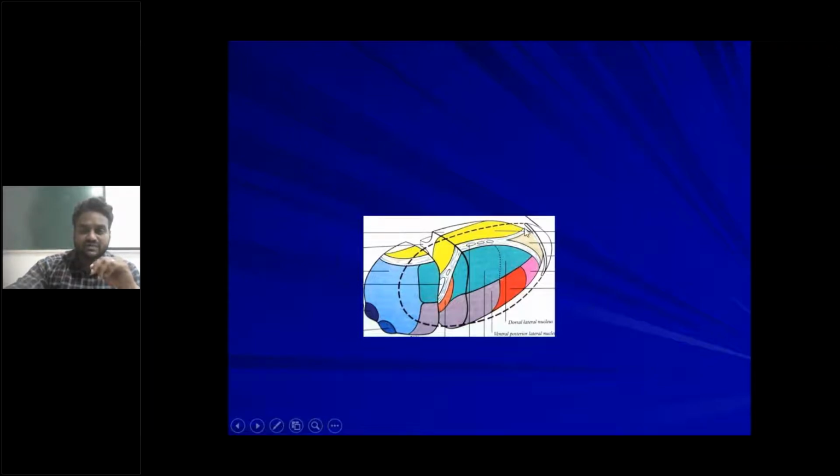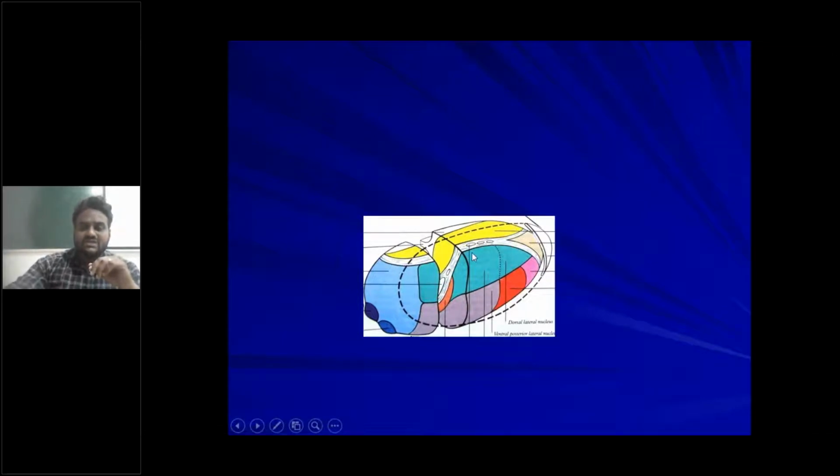This Y-shaped white matter divides the thalamus into three parts: anterior, medial, and lateral. This light color is the anterior part, this yellow one is the medial part, and the remaining part is the lateral part.